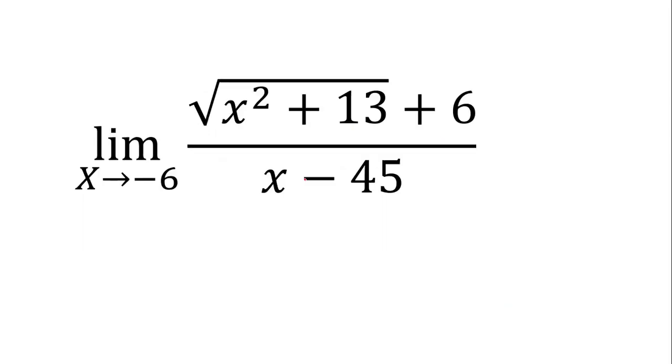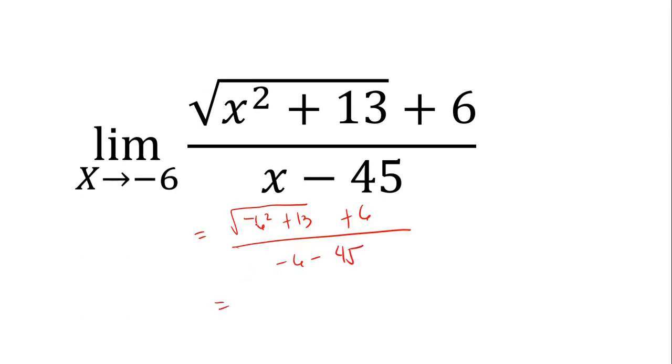This is another example, the last example. Let's see if it approaches 0. It does not approach 0 in the numerator, so proceed to substitute. The square root of negative 6 squared plus 13, plus 6 minus negative 6, over 45.